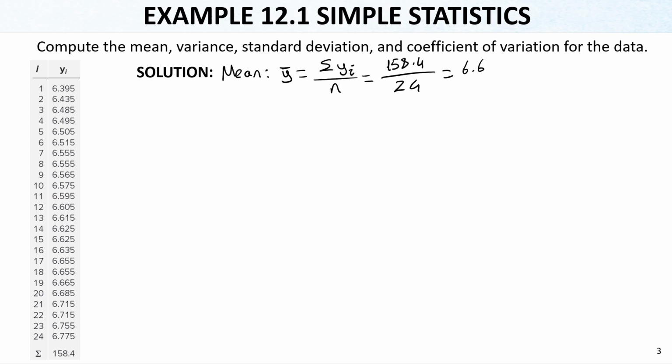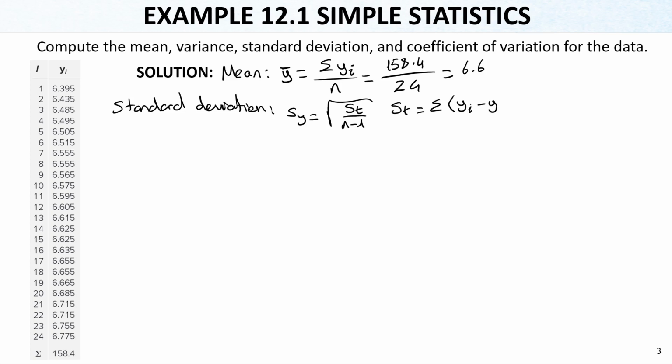Let's calculate the standard deviation. For standard deviation, we have the formulation Sy is equivalent to the square root of St divided by n minus 1. And if you remember, St was the summation of the square of the subtraction of the data from the mean value.